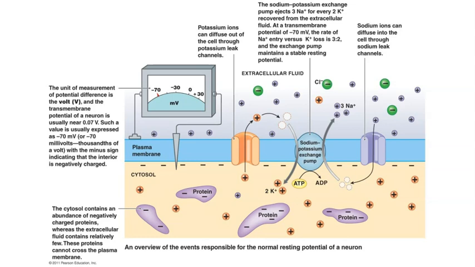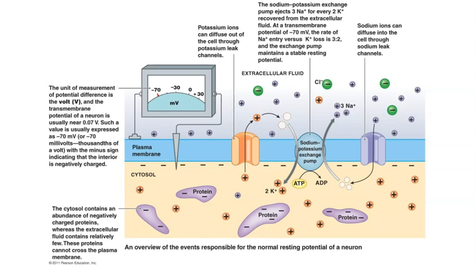When the muscle cell is at rest, sodium is found at higher concentrations on the outside of the cell than on the inside of the cell. Potassium is found at higher concentrations on the inside of the cell compared to the outside.